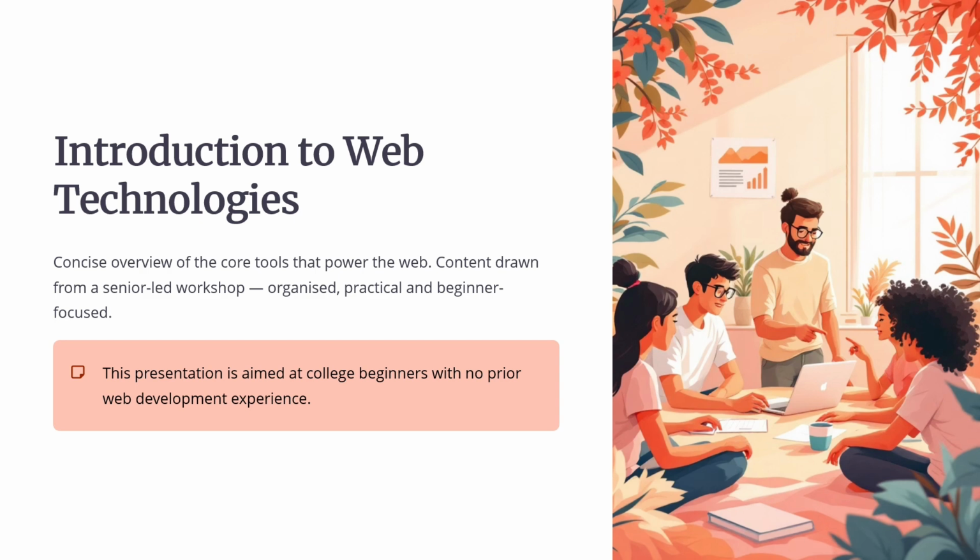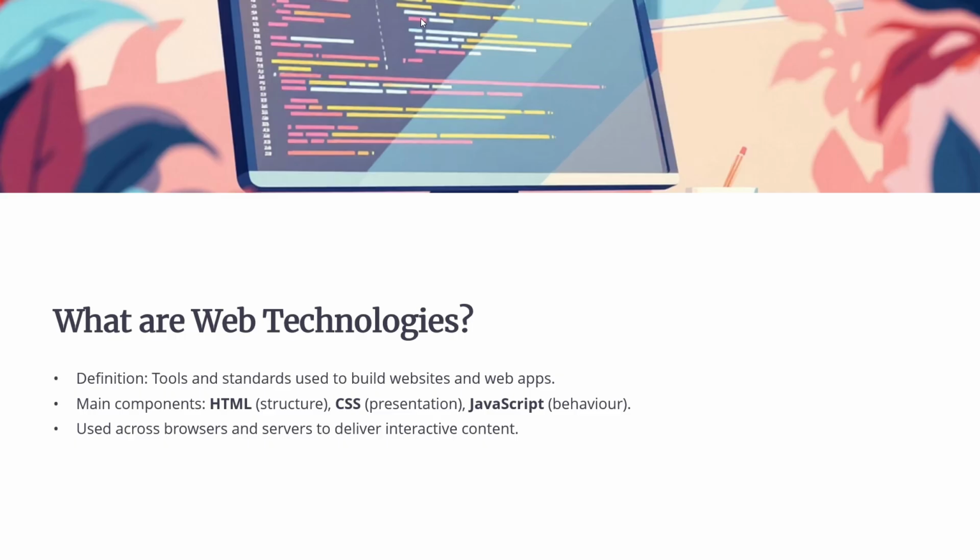So, what are web technologies? Web technologies are tools and programming languages which are used to build websites and web applications. The main three components are HTML, CSS, and JavaScript. For example, take a page. HTML gives the structure of it, how everything is written and how everything is going to work.